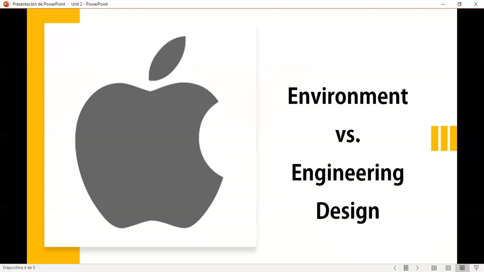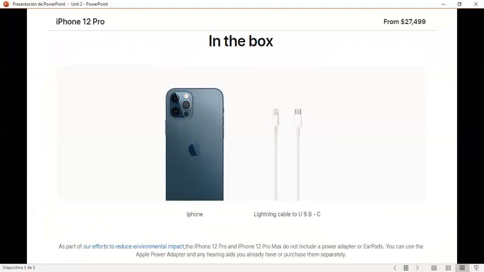How can we mix environment and engineering? Well, in this case, this is an example. We have a picture of the new iPhone 12 Pro. Look at the price. It's from 27,000 pesos, 57,000. It's a more expensive cell phone.